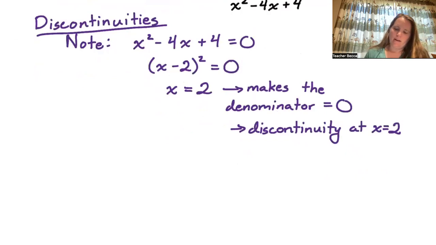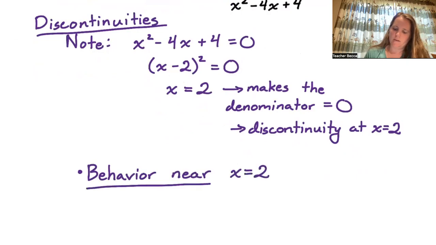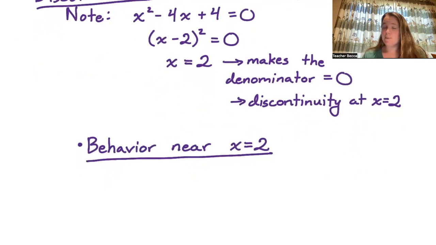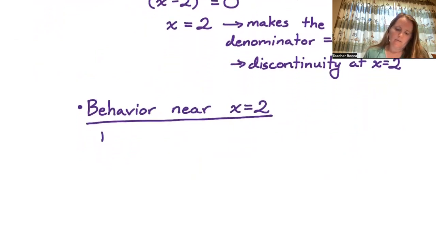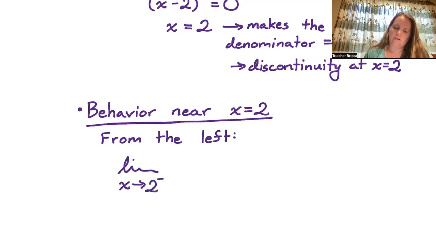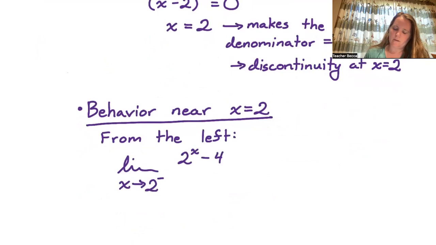So let's go ahead and study the behavior near x equals 2. We can look at both the left and right limits near x equals 2. So from the left, we can look at the limit as x approaches 2 from the left of 2 to the x minus 4 over x squared minus 4x plus 4.